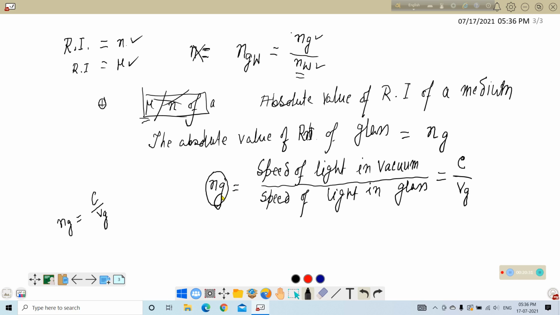Ng is equal to the absolute value of the refractive index of glass, Vg is equal to the speed of light in glass, and C is equal to the speed of light in vacuum. So this formula will be used whenever it is necessary to solve numerical problems. Remember this, your NCERT book is not sufficient to clear the required idea. You have to study other books, and I will give you the reference numbers of reference books in the forthcoming videos.